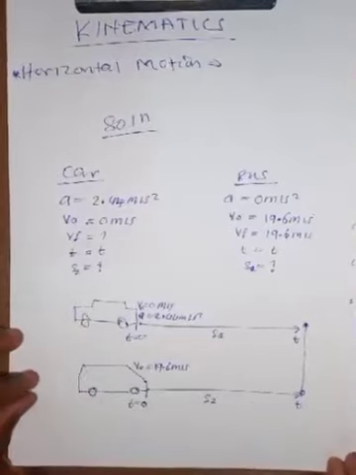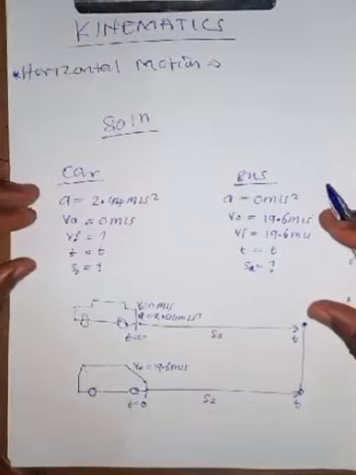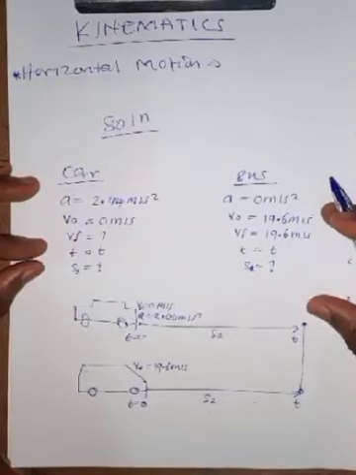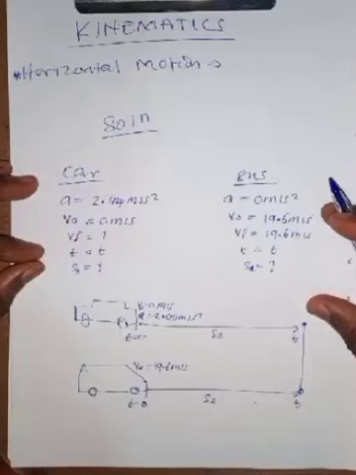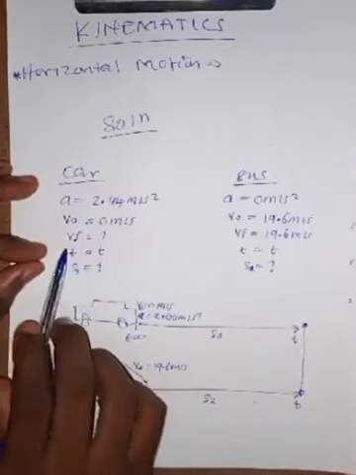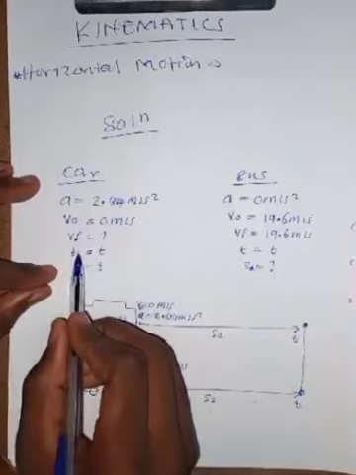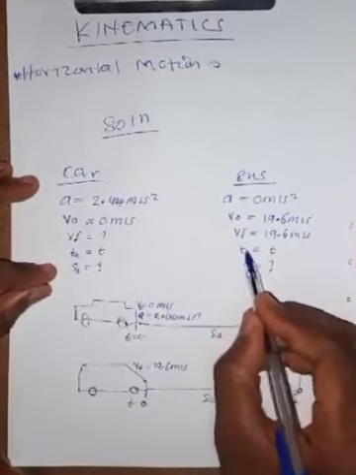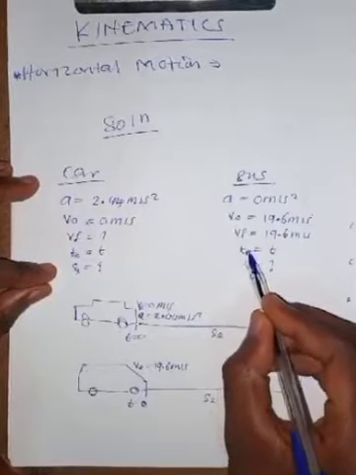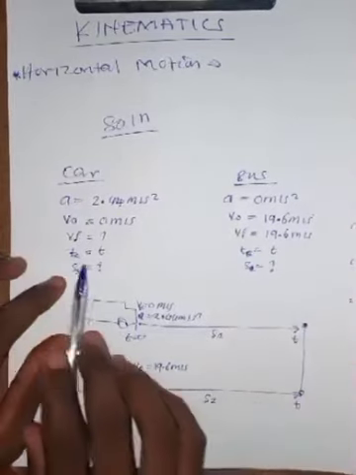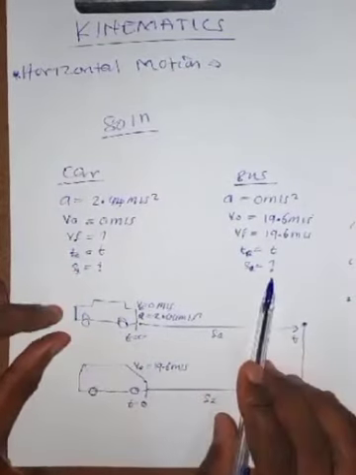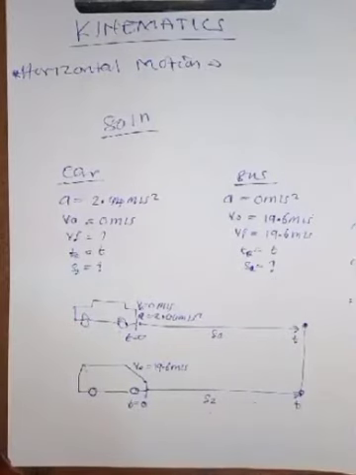Good. So with this information, we are going to look at the things that the two vehicles are sharing. The time for the car, let me use TC, and the time for the bus, TB. The time for the car and the time for the bus are the same, which is equal to t.